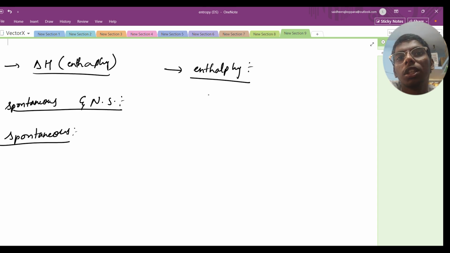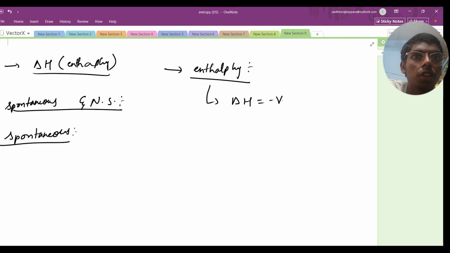What does enthalpy say? If your delta H is negative, then it's an exothermic reaction, and if it is positive, then it's called an endothermic reaction.